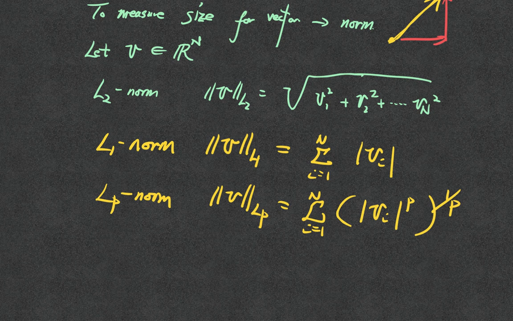Now, there's also an extreme case. What if P goes to infinity? So I want to ask you, if P goes to infinity, what happens? You get the maximum? Yeah, okay. Excellent.